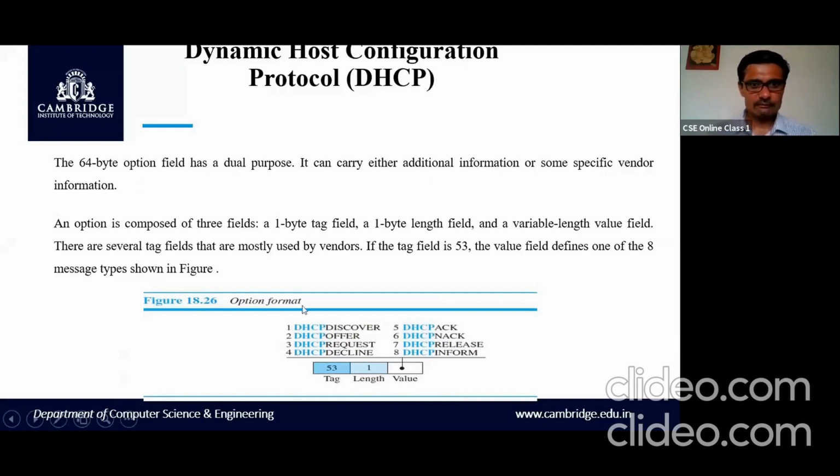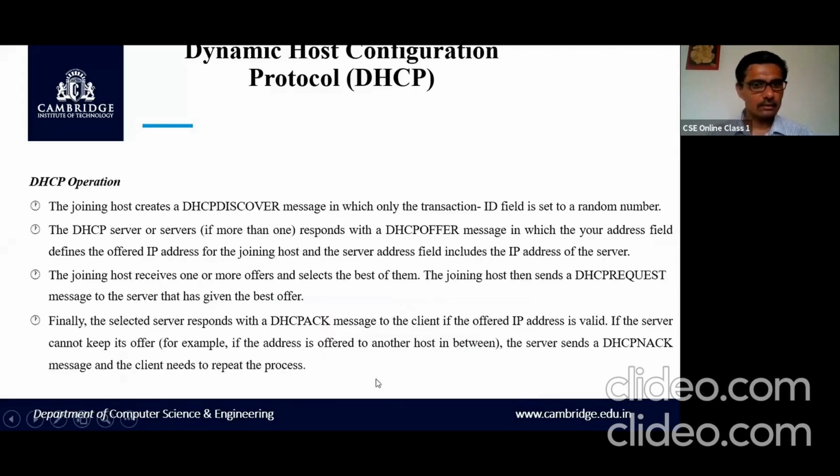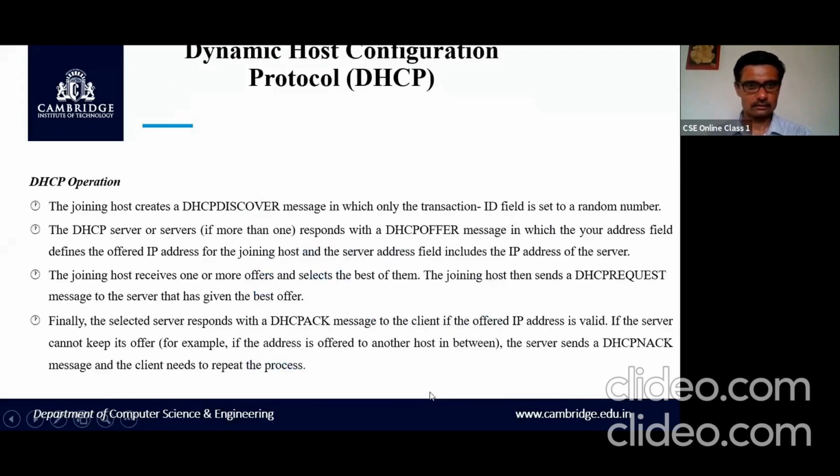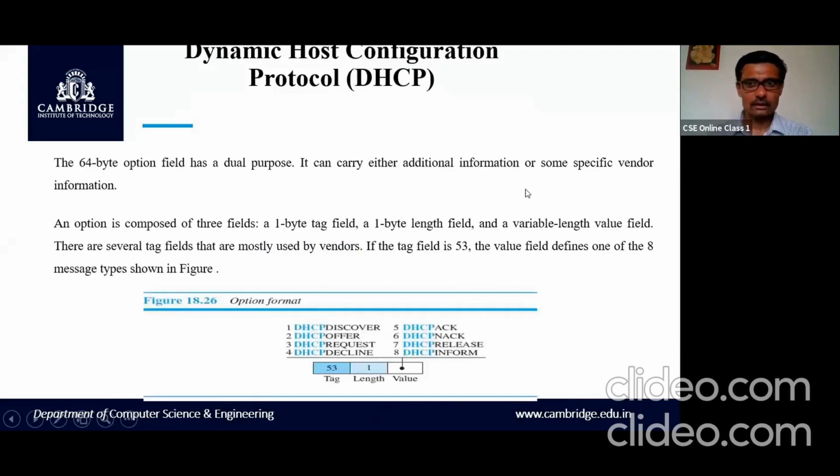So it has got three fields again: a 1 byte tag field, a 1 byte length field, then a variable length value field. There are several tag fields that are mostly used by the vendor sometimes.